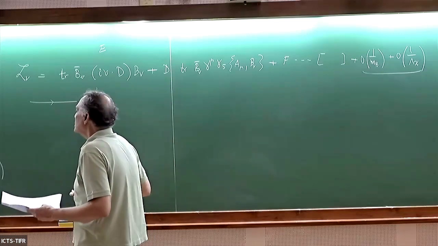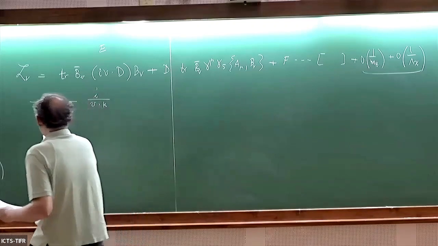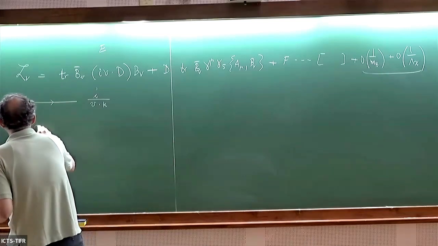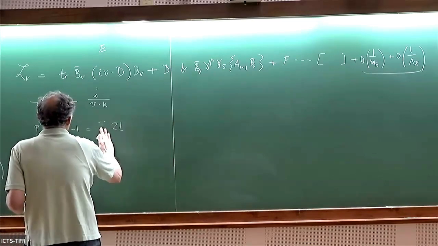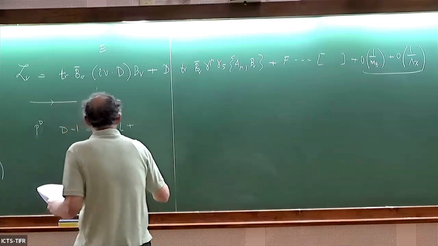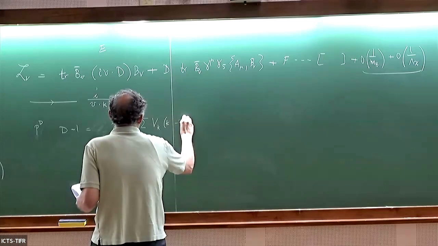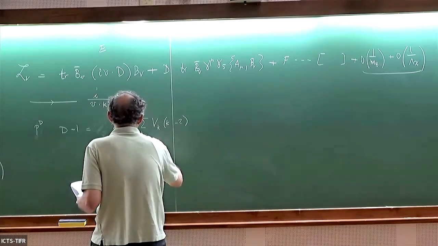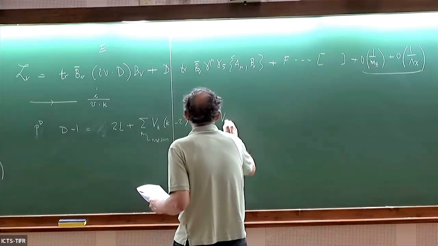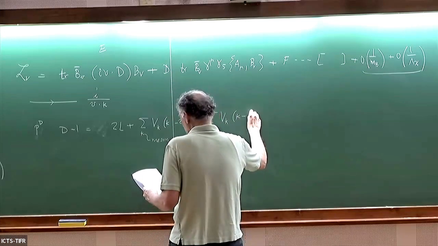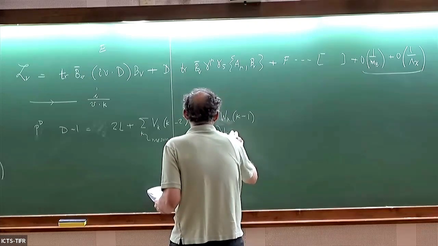I'm not going to go through the whole power counting rule for the baryon sector, but the answer is that the graphs go like p to the D, where D minus 1 is 2L plus the sum over k of V_k times (k minus 2), over the meson Lagrangian, plus the sum over k of W_k, where this is the baryon Lagrangian.